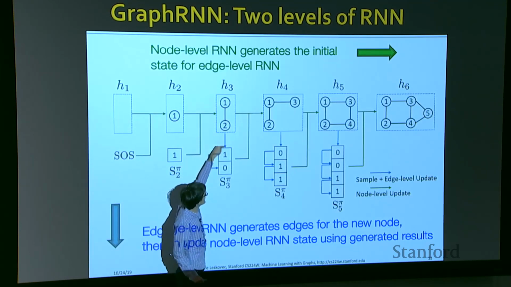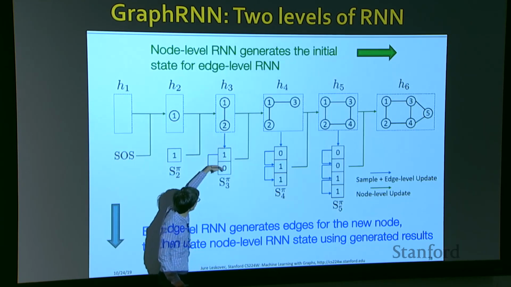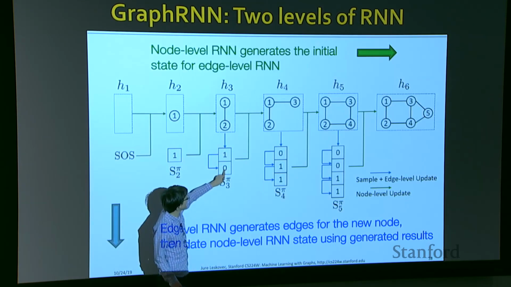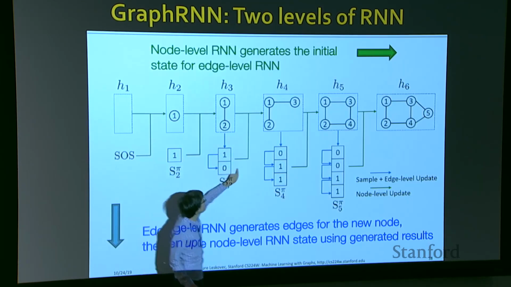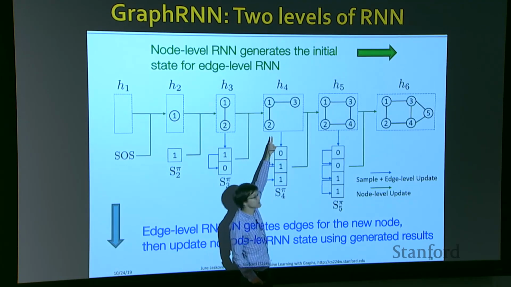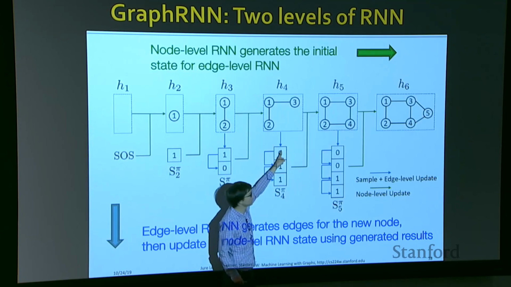And now this new state is pushed back to the node level RNN that will generate a new node, and pass its state down as an initialization to the edge level RNN. The edge level RNN will generate the first edge, generate the second edge, and now it will take its state and put it back to the node level RNN. The node level RNN will do one step, generate one node, take its new hidden state, and put it here to the edge level.